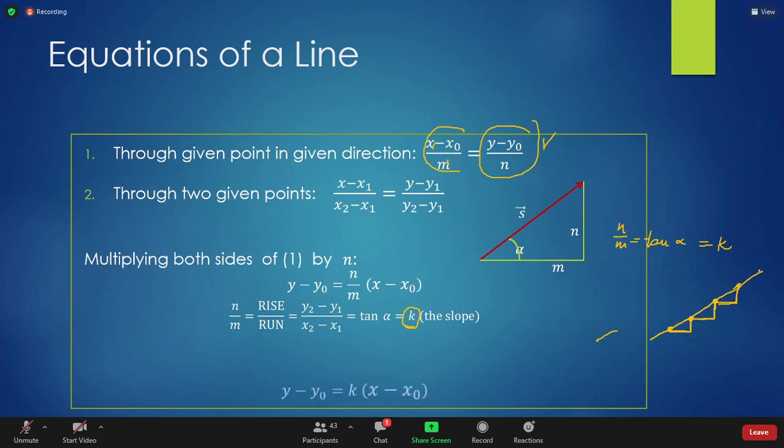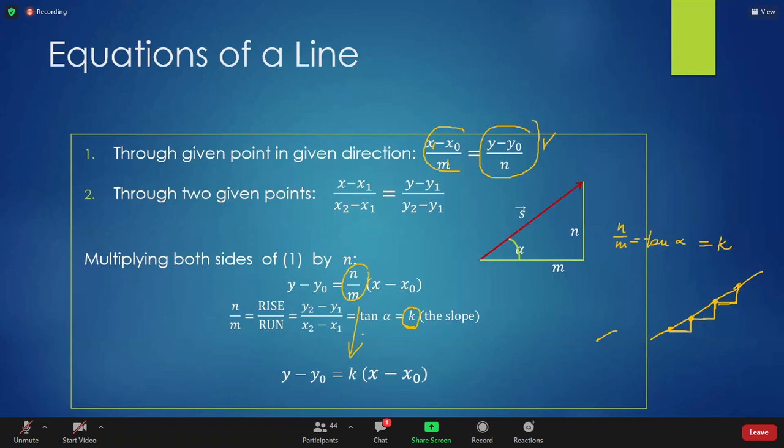And so we end up having an equation like this because we simply substituted this ratio by k. K is called the slope. Yes, it is the same as rise over run, and it is the same as the ratio of the coordinates of the direction vector. So now we have the point-slope form of the equation.